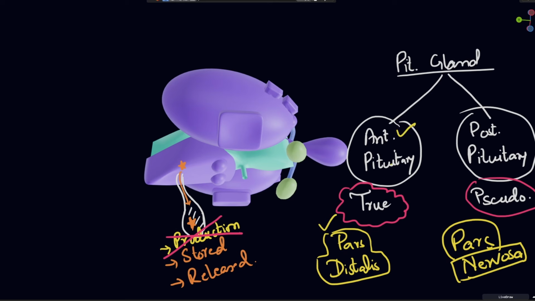And also another name that you must know: anterior pituitary is called pars distalis, and it is also called adenohypophysis. Adeno means it has something to do with gland, it is actually a gland, so it is adenohypophysis.